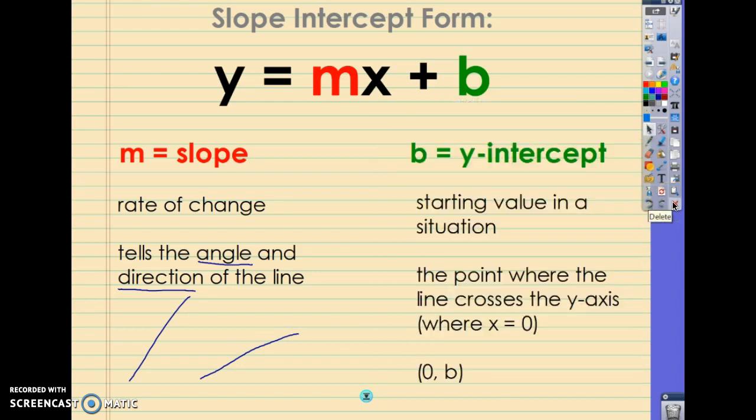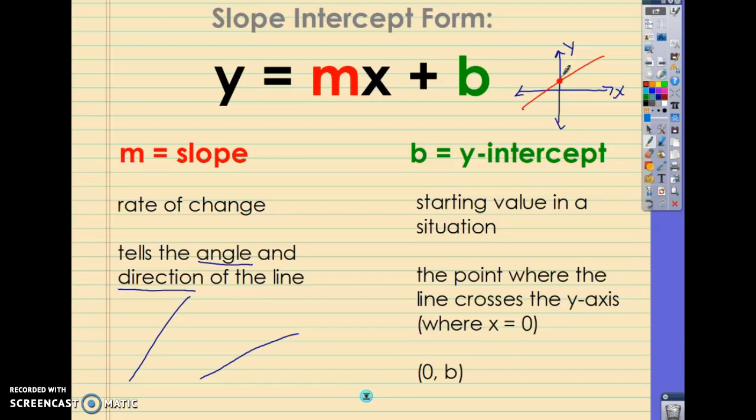B is the same thing as our y-intercept. So if we are looking at a graph, we are looking at our xy plane. Wherever your graph touches the y-axis is your y-intercept. Okay, it's where your graph is intersecting that y-axis. So this is the starting value in a situation.